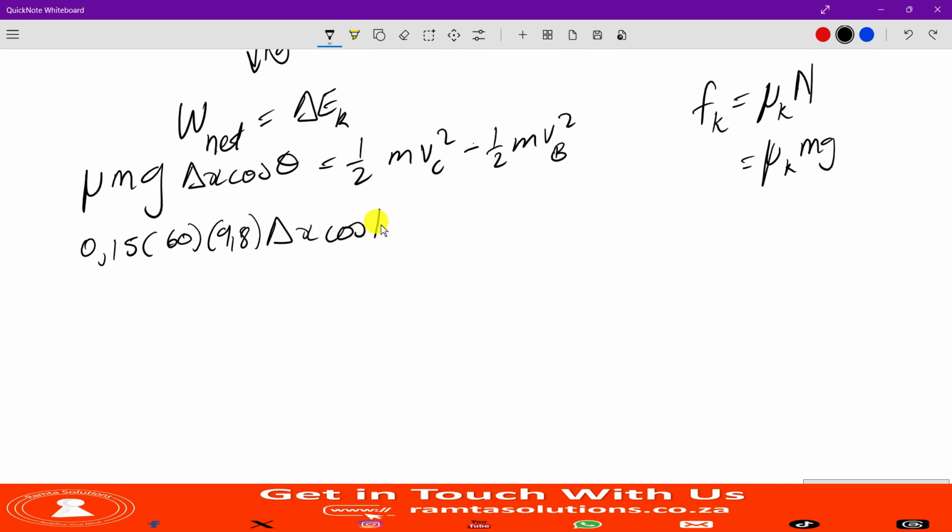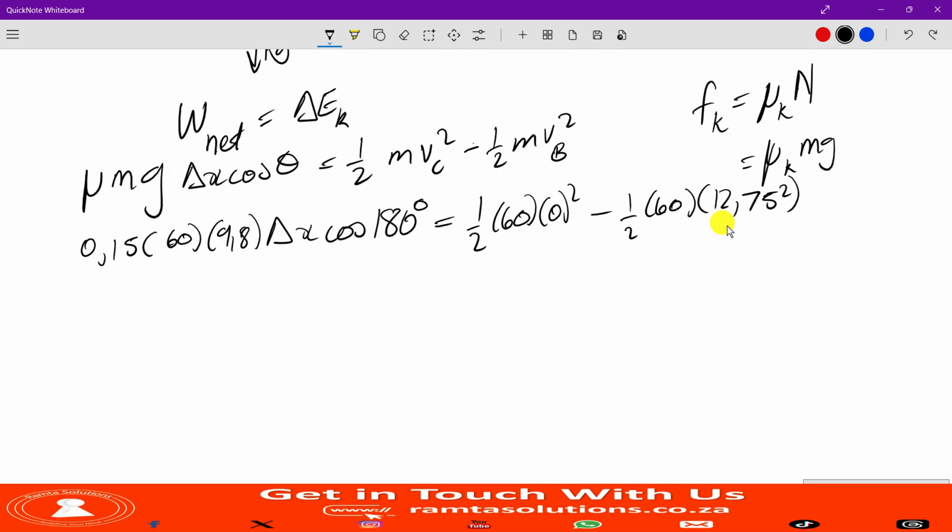Friction opposes motion, so the angle is 180 degrees. Now the object stops at point C, so the final speed is 0. And we remember the speed at point B was 12.75 meters per second.